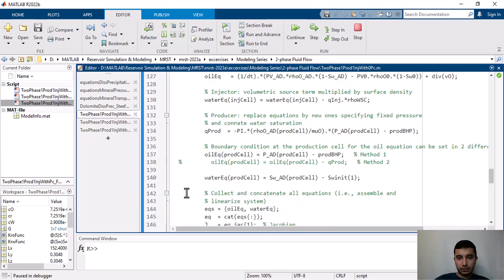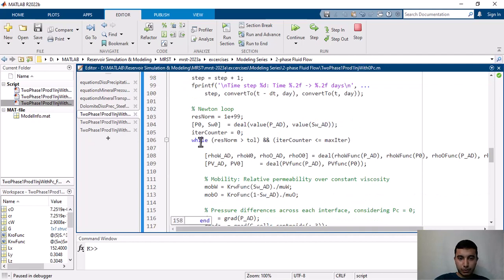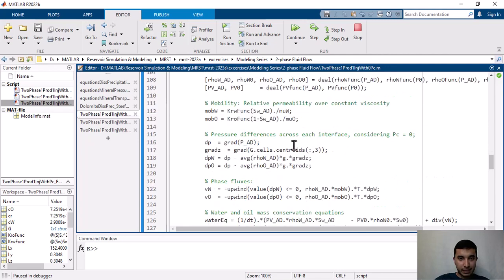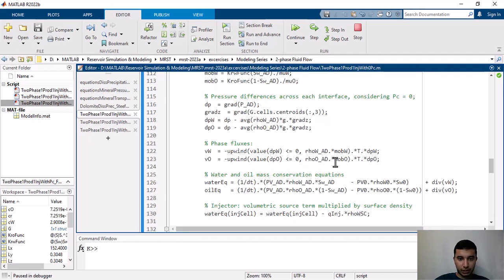After that we will go to the second time step. Great. And inside this main loop, there is this interior loop for the Newton-Raphson method, and this while loop helps us find the solution for each time step of the problem. I have written the governing equations inside this loop, which you see here.